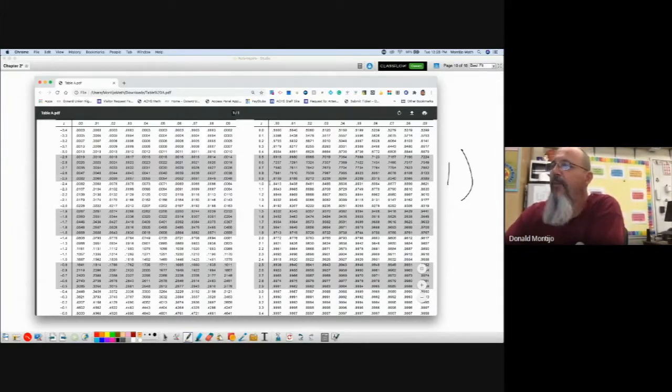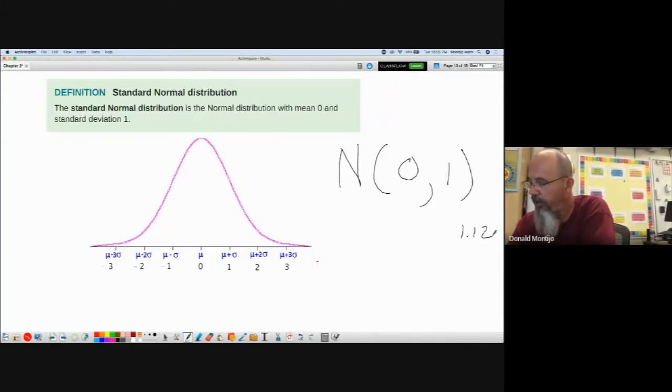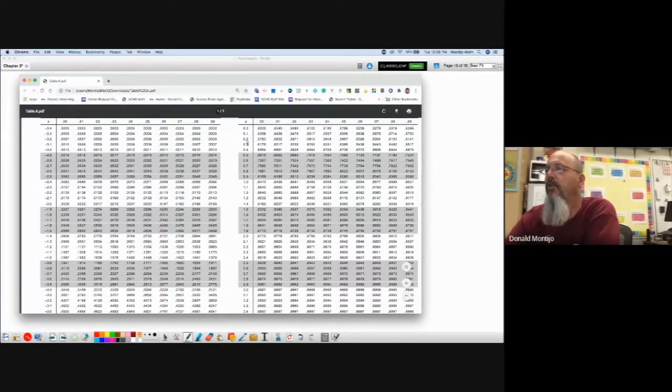How do we read this table? What if I had a z-score of 1.12? So if my z-score is 1.12, I go down to 1.1, and then I go across to 0.02, kind of like using a multiplication table when we were younger.